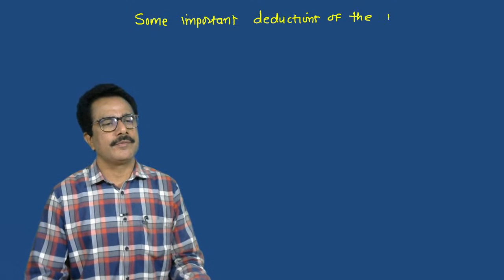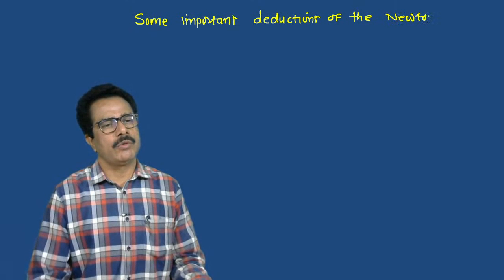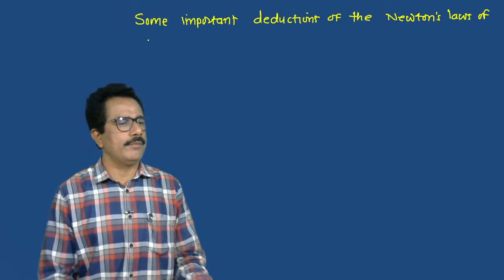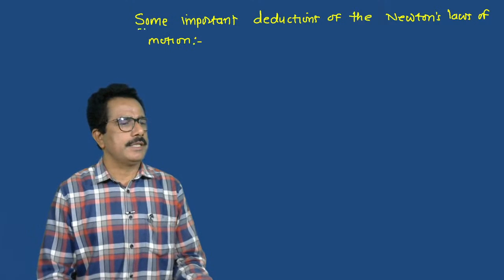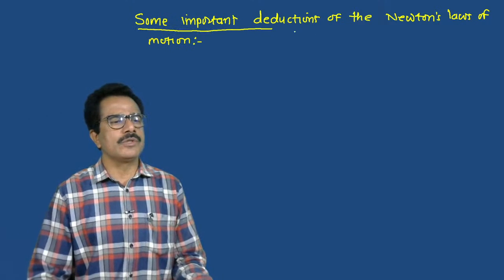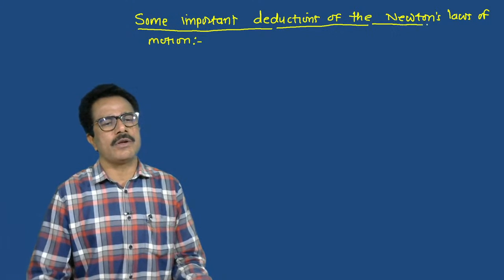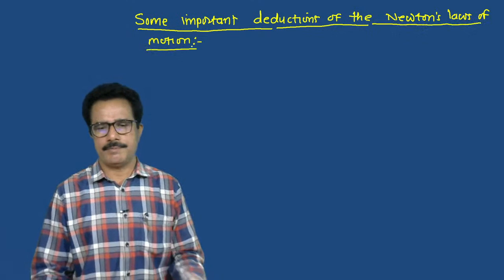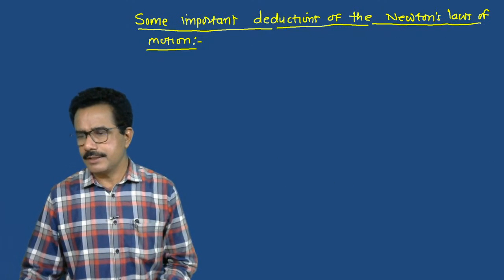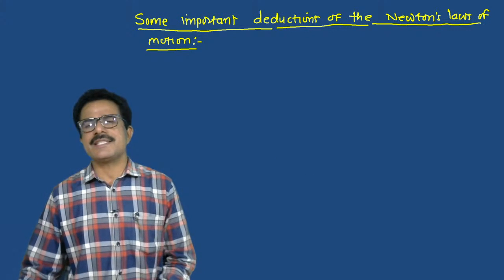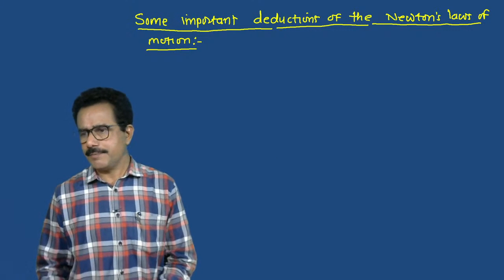This is a conclusion, a deduction from the Newton's laws of motion. Now we shall discuss the deductions one by one. What is a deduction? Deduction means some results.